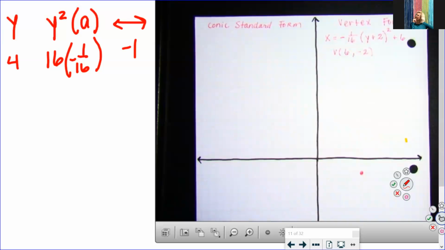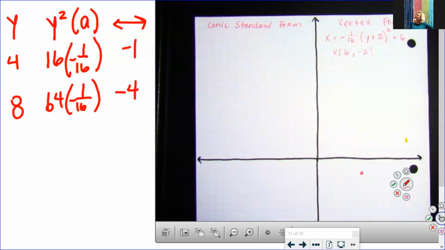Let's go ahead and just find the math on that, and then we'll plot everything at the same time. We're going to go 8 up and down from the vertex. When you square that, that is 64. Do y'all know 64 times 1/16? Yep. So we're going to go 4 to the left.